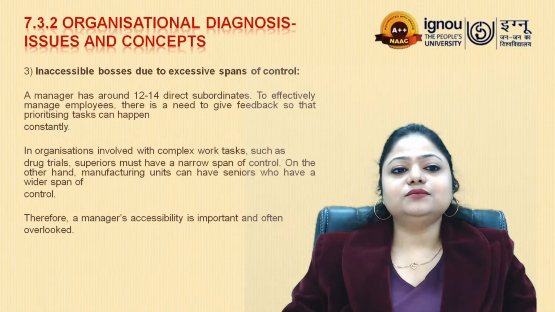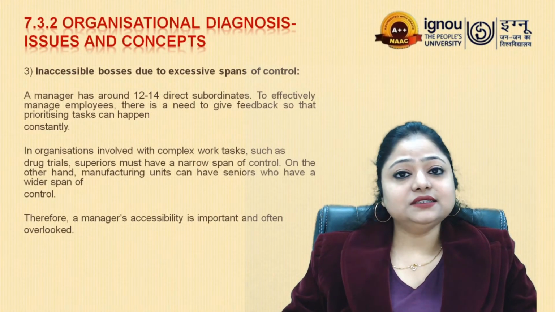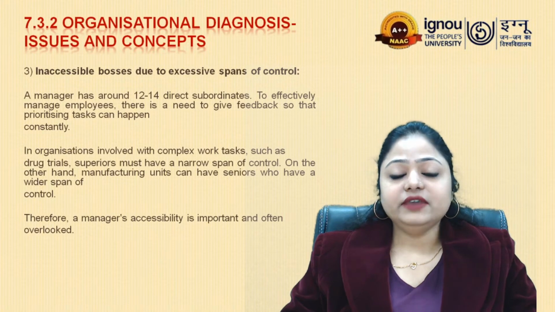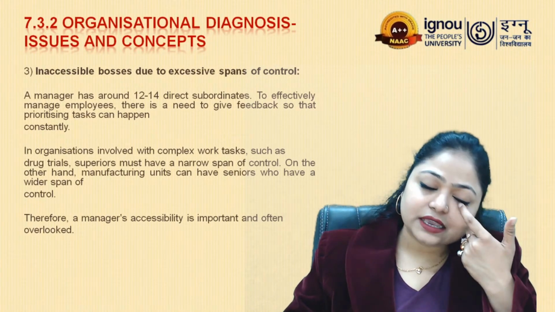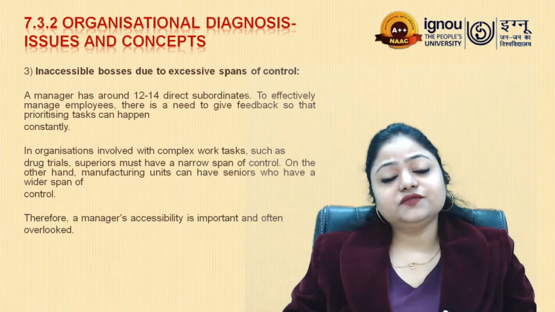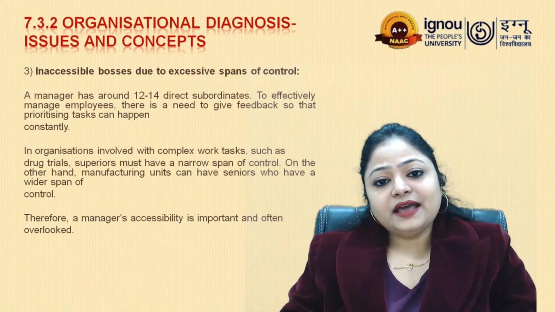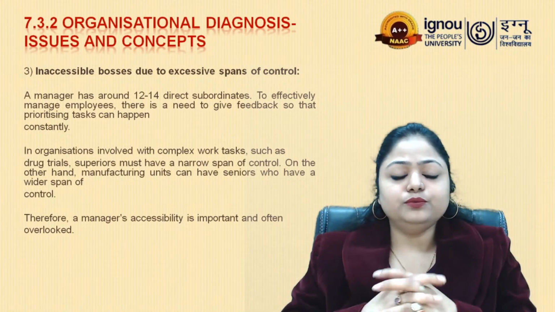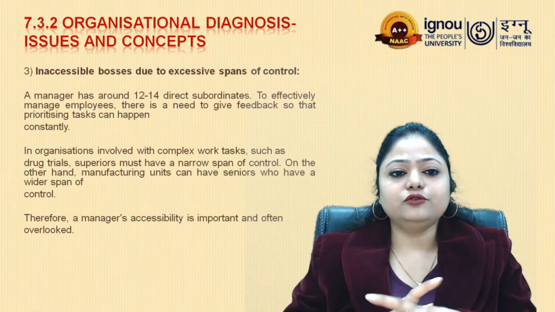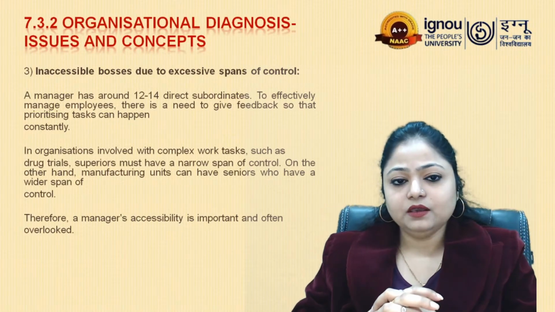Not inaccessible bosses due to excessive span of control. We have discussed span of control in our first unit and second unit in the Henri Fayol 14 Principles of Management. So, span of control defines how many subordinates are going to be there for one particular supervisor.